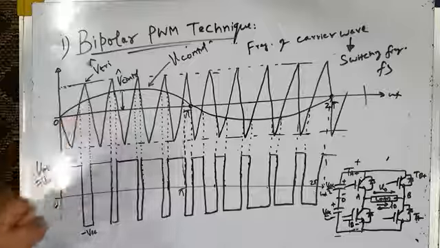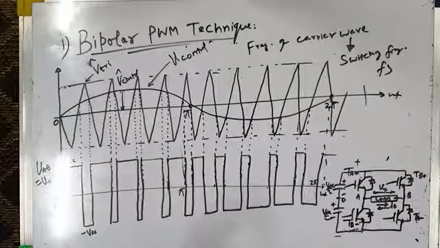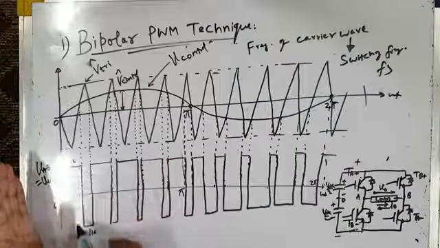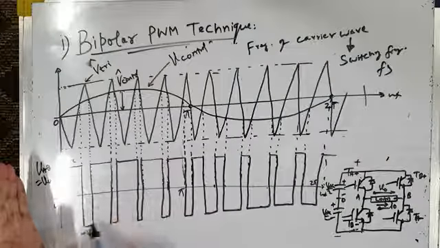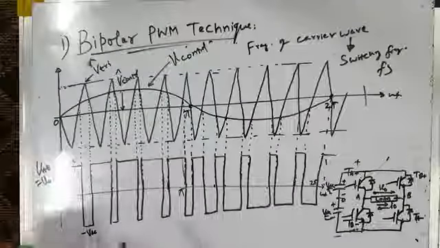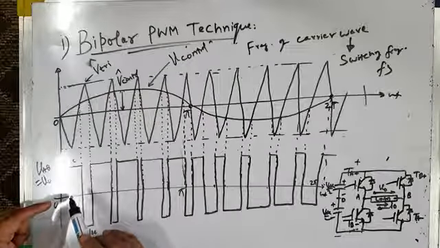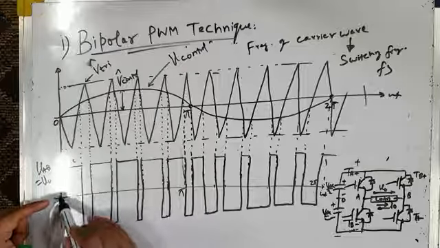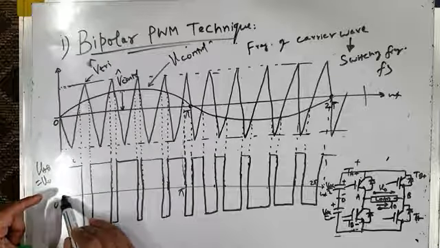The reference sine wave frequency will determine the frequency of the inverter output voltage, because the inverter output voltage is in the form of PWM voltage pulses like this, positive half cycle and negative half cycle. In the positive half cycle, the inverter output voltage starts rising from 0.